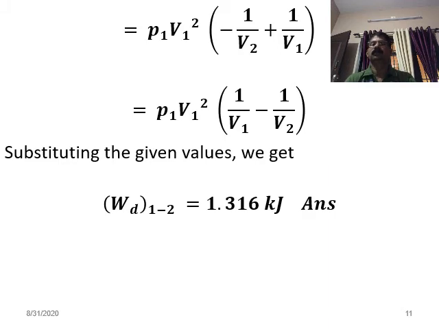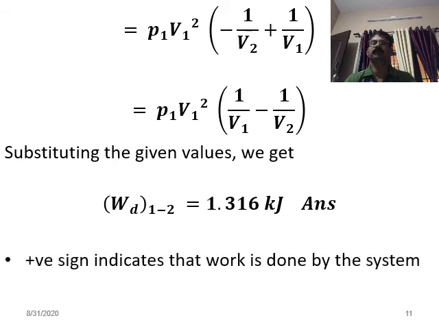So this is how you have to solve the numericals when the pressure volume relationship is given. You have to make use of the basic displacement work equation, that is WD from 1 to 2 is equal to integration from 1 to 2 PdV. Okay, now let us move on to the next numerical.